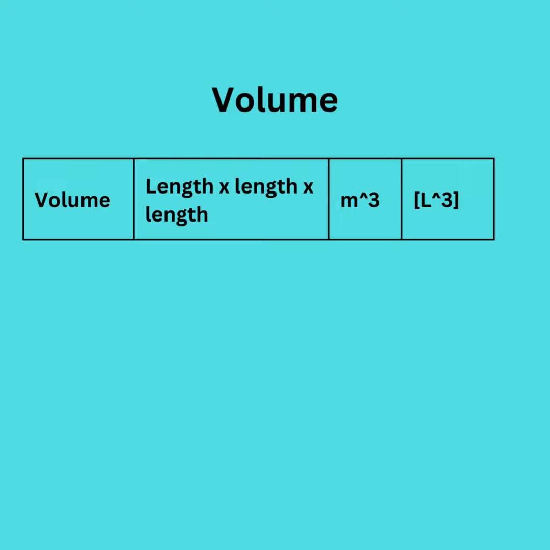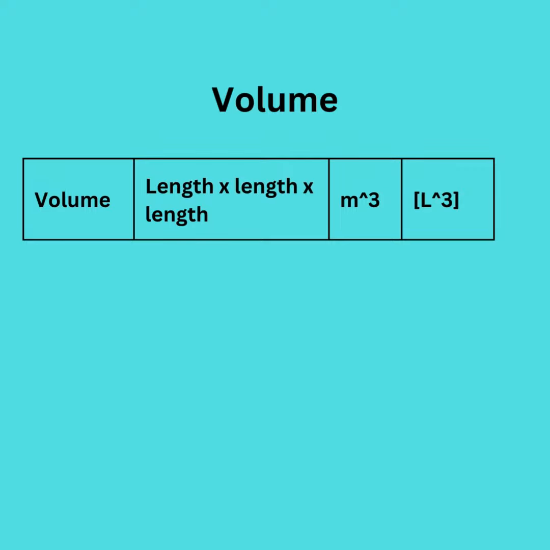So what is the dimension of volume? Suppose length is 100 meters, breadth is 50 meters and height is 20 meters. All are physical quantity length only.